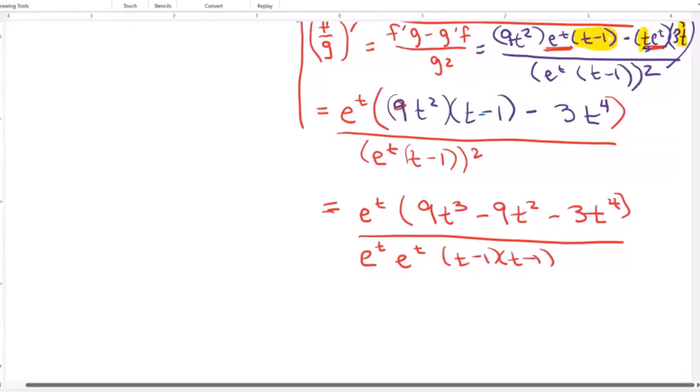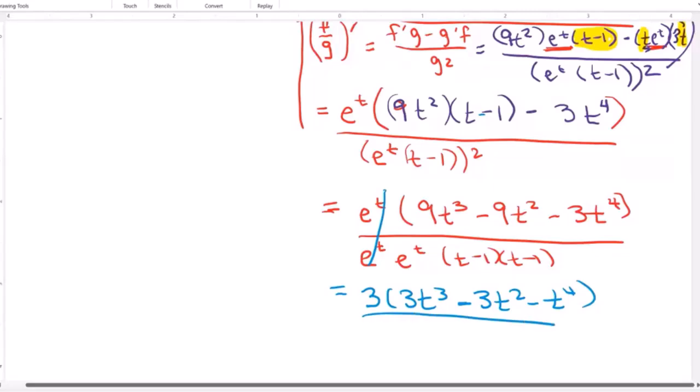And we'll see if that helps us any. Well, it helps a little because I can cancel out one of these e to the t's. And I can also now factor out a 3 from everywhere. This gives me 3 times 3t to the 3rd minus 3t squared minus t to the 4th divided by e to the t times, I'm just going to leave this as t minus 1 squared, and I may be able to factor more things, but I think that's going to do it.